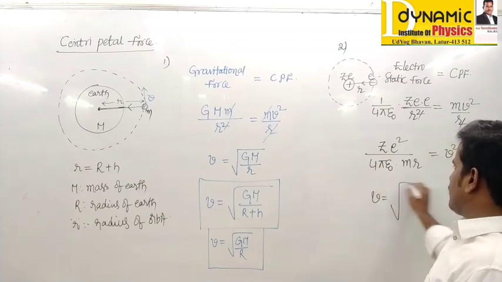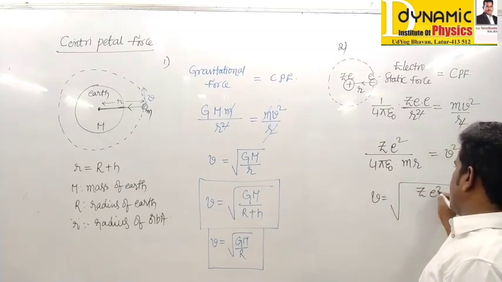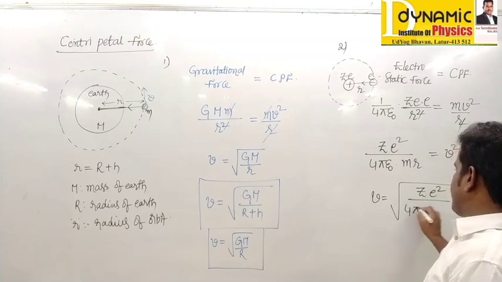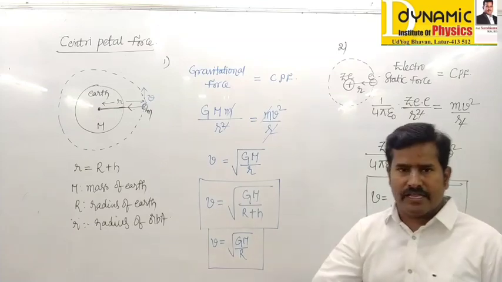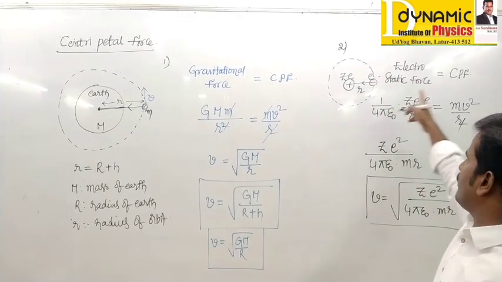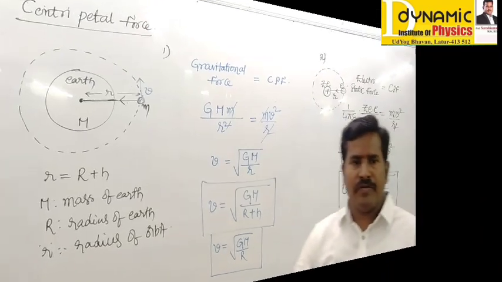V equals under root of Ze square upon 4 pi epsilon naught m R. This is the V value. So electrostatic force provides the centripetal force.